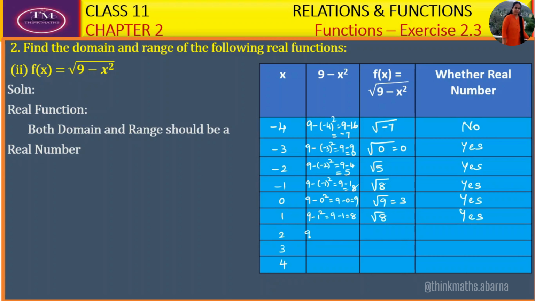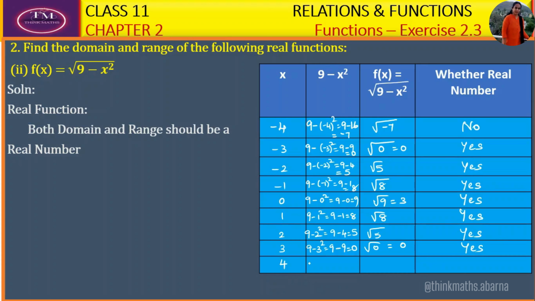Next, 2. 9 minus 2 square is 9 minus 4, which is 5, so it is root 5. Root 5 is also a real number. Next, take 3. It is 9 minus 3 square, so 9 minus 9 is 0. Root 0 is 0, so 0 is also a real number.